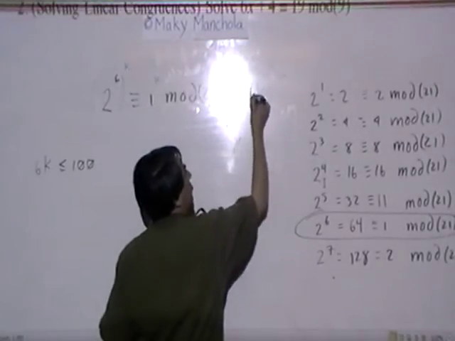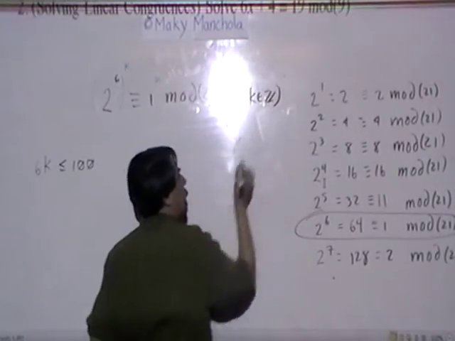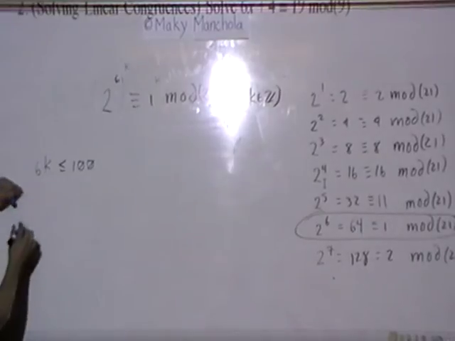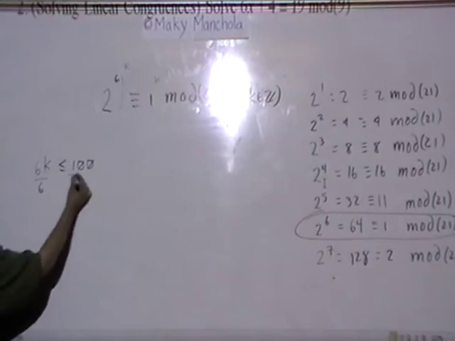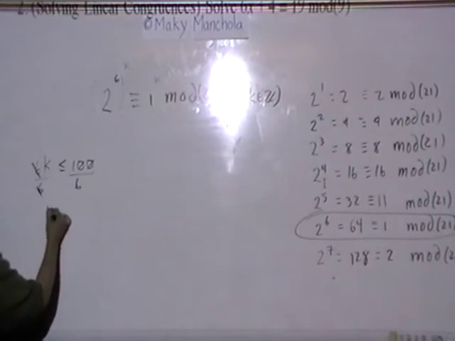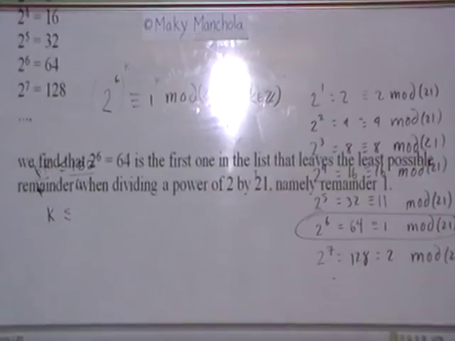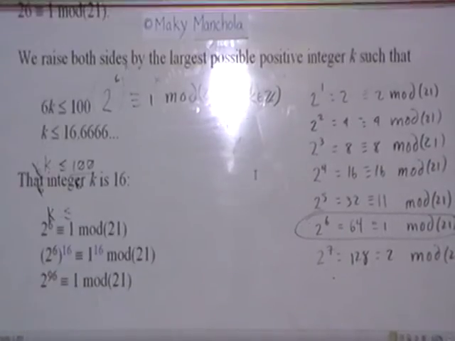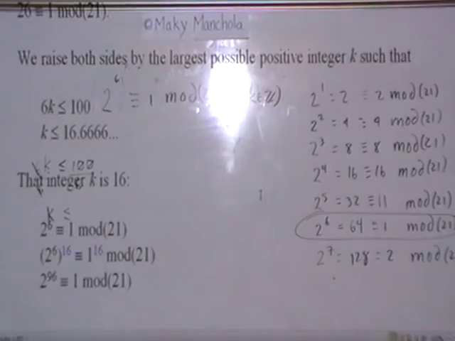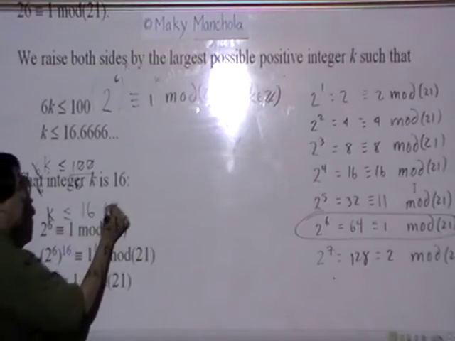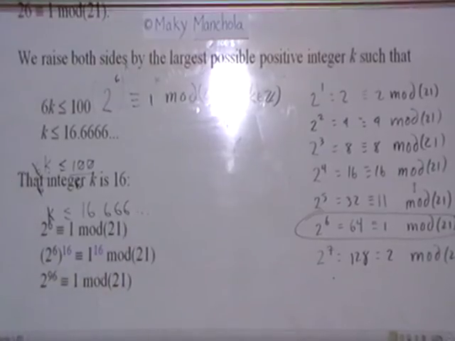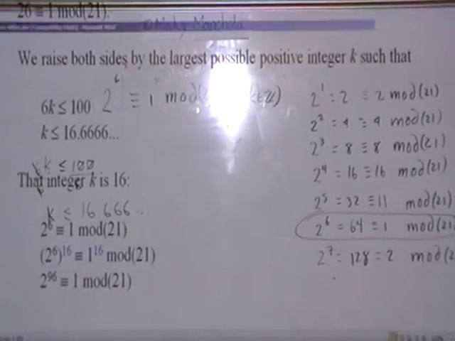Here let's remark that the k we're looking for is an integer value. So solve for k here: just divide both sides by 6. So k is less than or equal to whatever 100 over 6 turns out to be, which is 16.666, etc. Okay, so we're going to have to choose 16 as our integer.